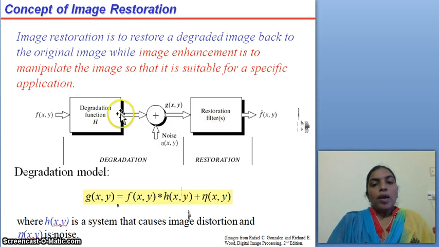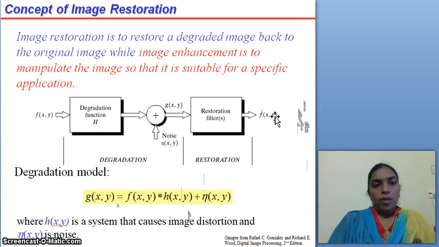Based on this degradation function and noise, we should develop the restoration filter, then you can get the proper output image. The actual block diagram is this: the input image is the degraded image, and the output is the estimated image, a replica of the original image. So now the degraded image goes to the restoration filter.